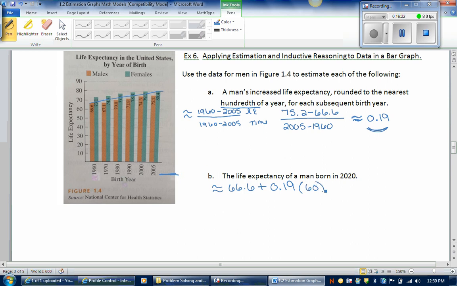So we've got our original point in time, we've got our slope, and we've got the number of years we're increasing. When we multiply 0.19 times 60, we get 11.4, and that's approximately 78. So the life expectancy we determined for 2020 is about 78, and we used that by finding the slope up here.